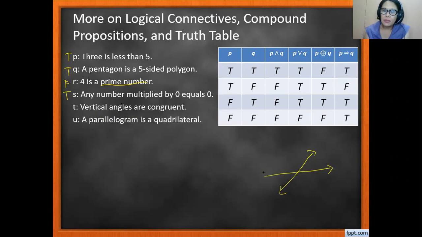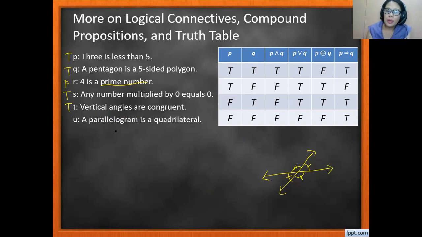The other term for vertical angles is opposite angles. The two angles here are congruent because these are vertical angles or opposite angles. And this pair of angles are congruent also because they are opposite angles. So this is true.